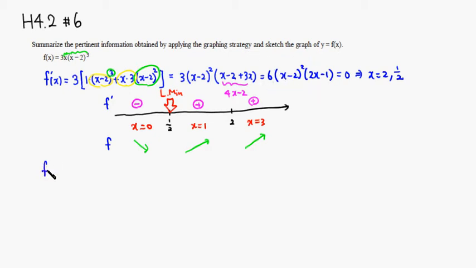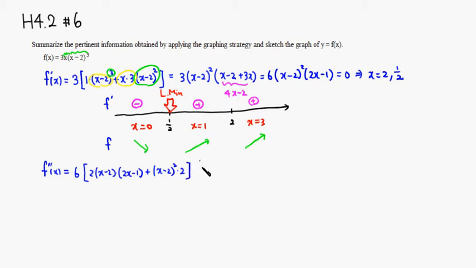So f double prime of x is equal to 6, which is just a number, put it here. The derivative of the first guy is 2 times (x minus 2), times the second, (2x minus 1), plus the first guy, (x minus 2) squared, times the derivative of the second guy, which is 2.